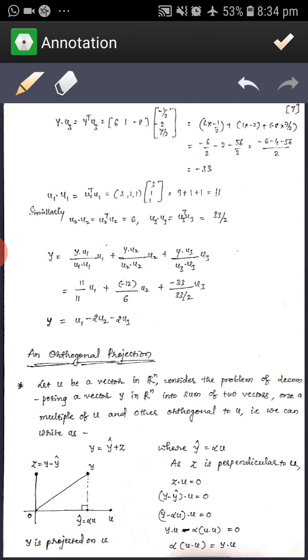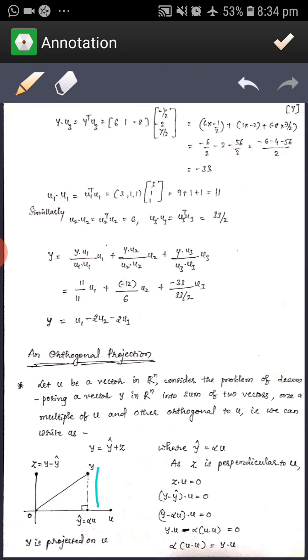How to look into the projection: if y is a vector, the projection of y on u, if u is a vector here and y is a vector, you can draw a perpendicular line here.